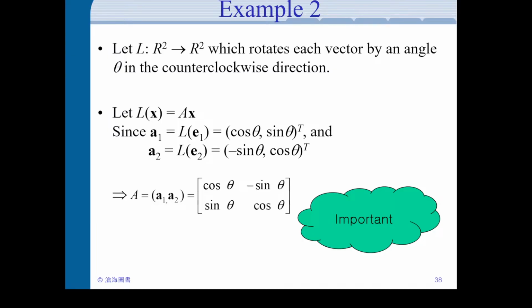So let's say our linear transformation is now not given in this algebraic form. We just say we rotate by some angle theta. If our linear transformation is to rotate the vector in R2 by some angle theta counterclockwise, then how do we find its matrix representation?